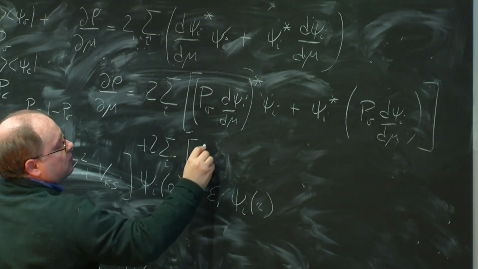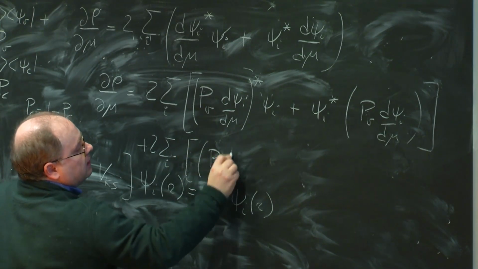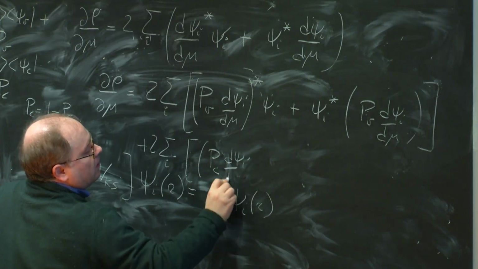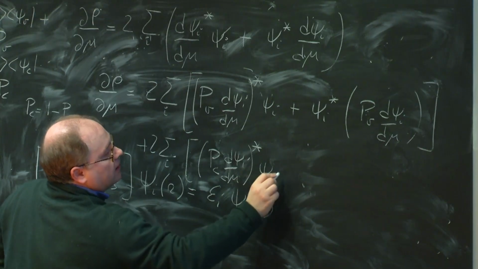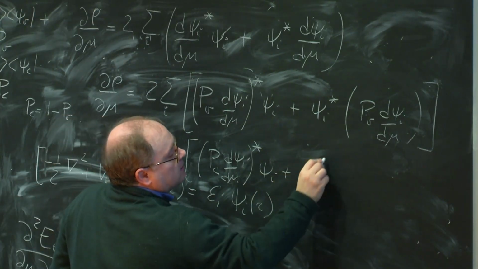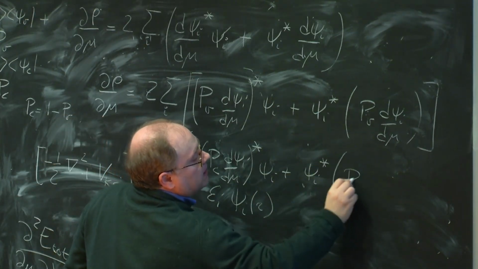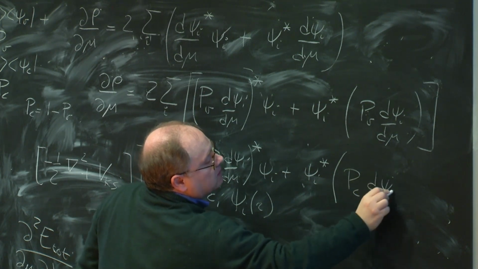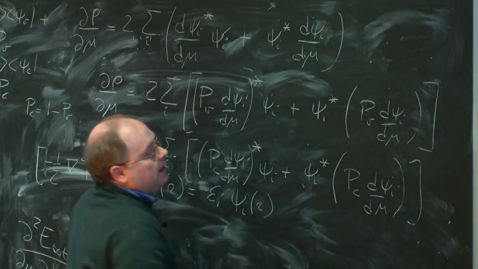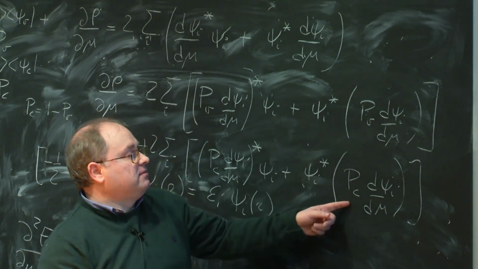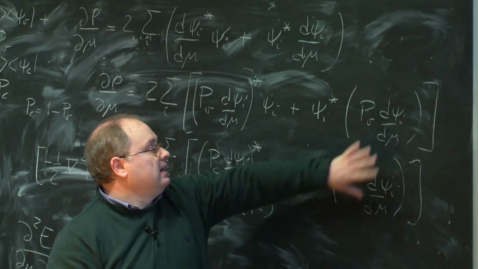And here I have to put P conduction d psi over d mu times psi complex conjugate, plus psi star P conduction d psi over d mu. So here I have PV plus PC, and this is the identity.